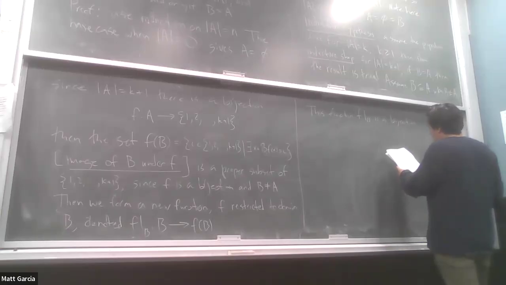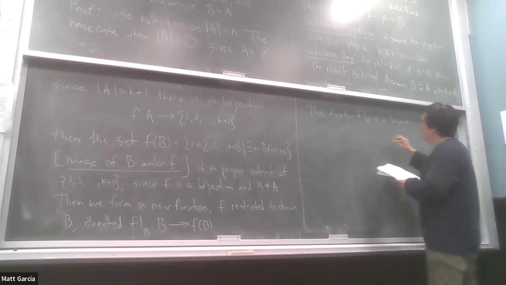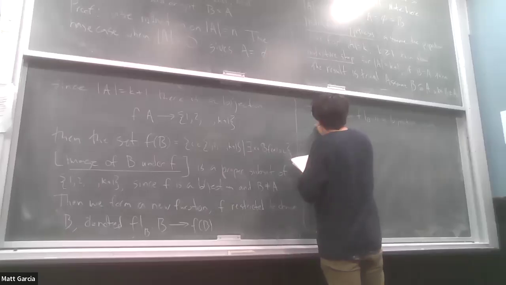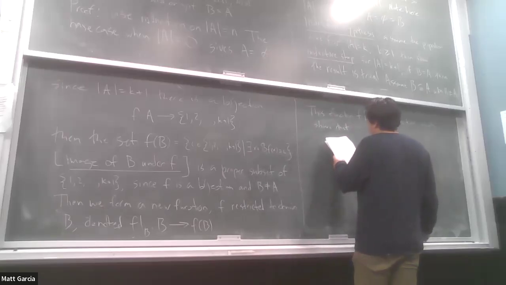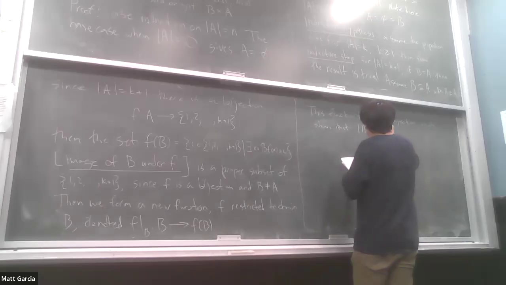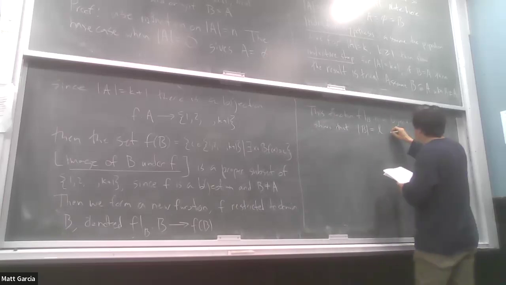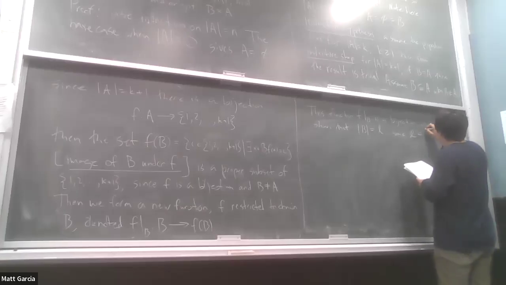This is a bijection, which shows that the cardinality of B is equal to L for some L strictly less than K plus 1.